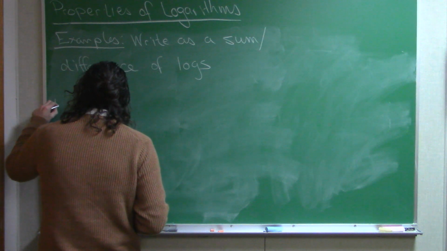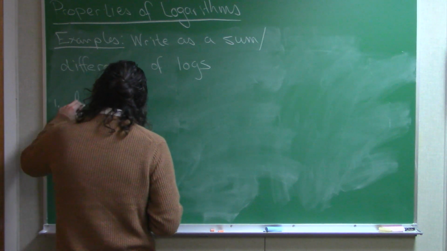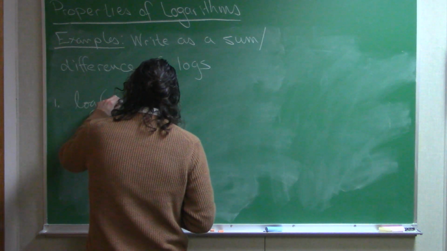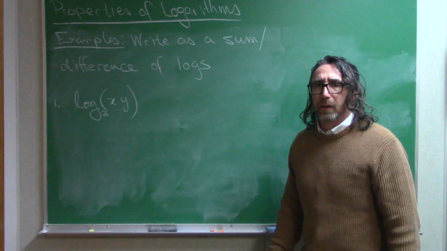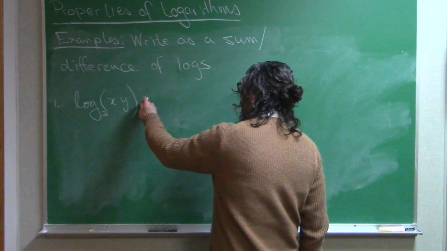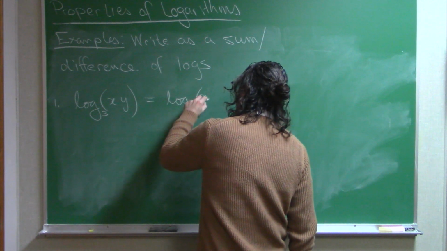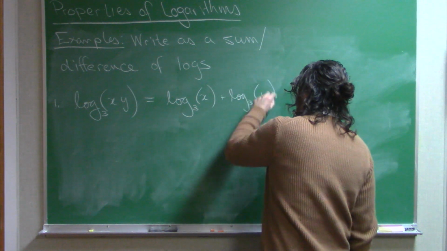Let's do something like this: log of x times y. Let's give a specific base. Let's say log base 3 of x times y. Straightforward application of the product rule. That's log base 3 of x plus log base 3 of y.